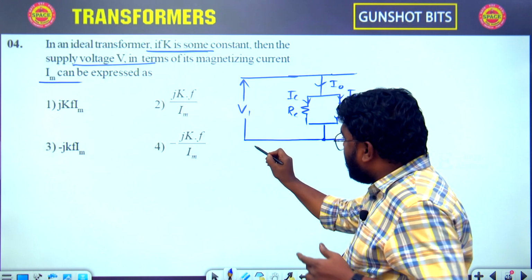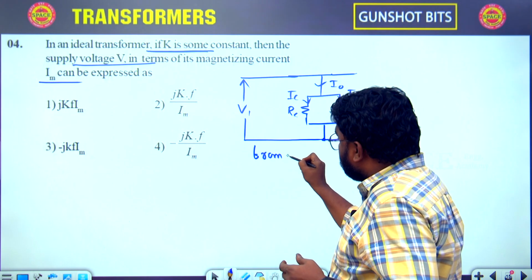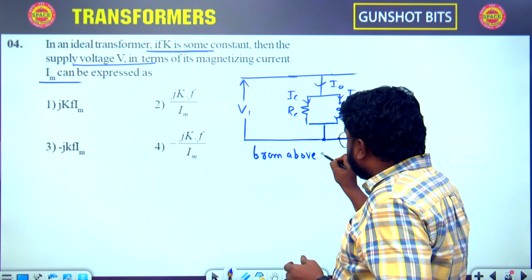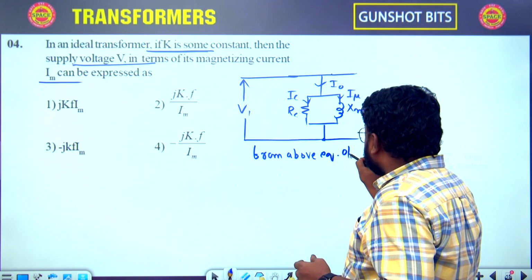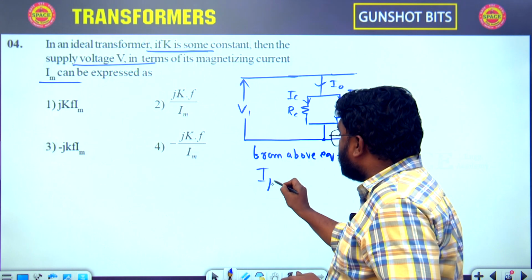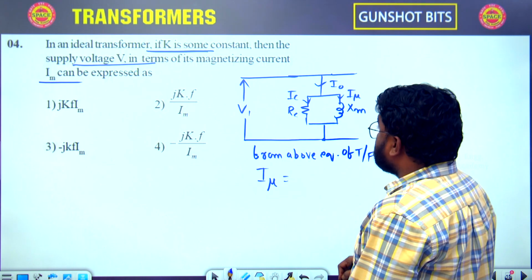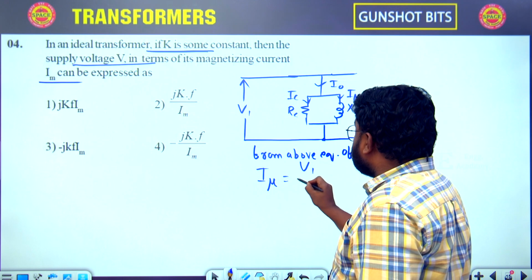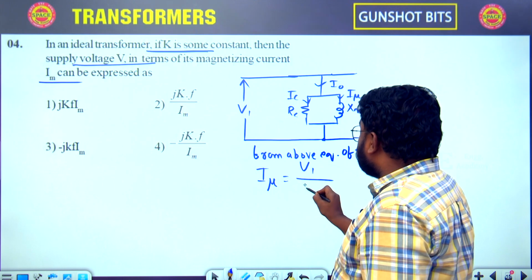So from the above equivalent circuit of the transformer, the magnetizing current I mu is equal to the applied voltage divided by XM.